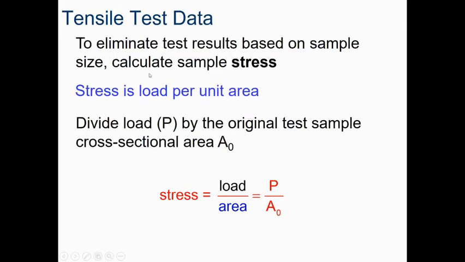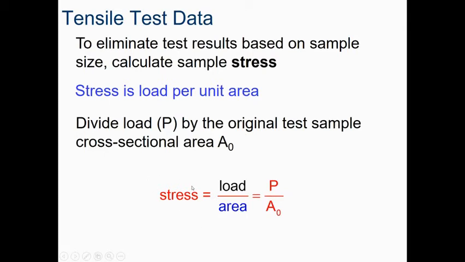So this still takes into account the load, but also how much area is supporting that load. The equation for stress says divide the load P by the original test sample cross-sectional area. So we have stress equals load over area, or P over A0. A0 means the original cross-sectional area. That is our value for stress.